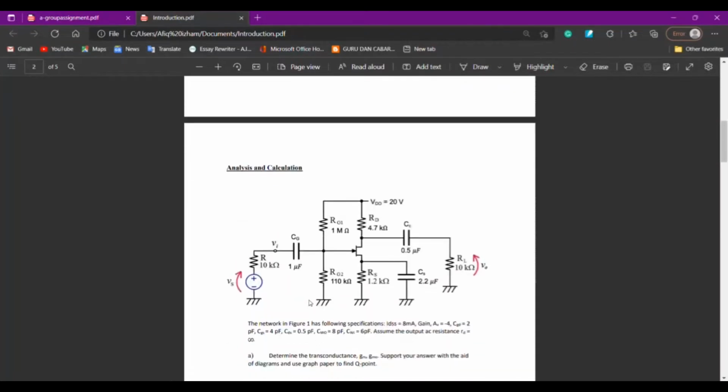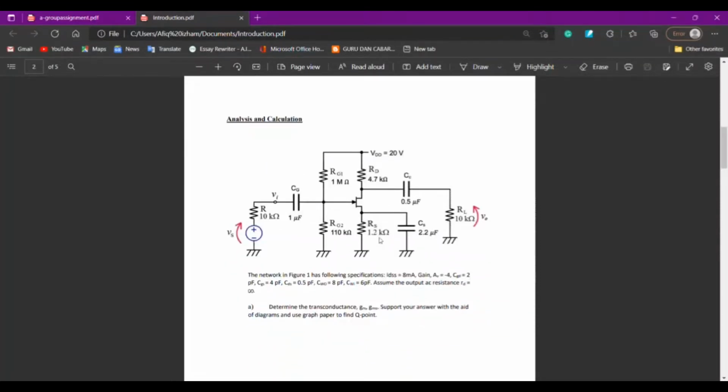So this is the circuit given in our question. The network in figure 1 has the following specification: IDSS equal to 8 milliampere, gain AV equal to -4, CGD 2 picofarad, CGS 4 picofarad, CDS equal to 0.5 picofarad, CWO 8 picofarad, CWI equal to 6 picofarad.